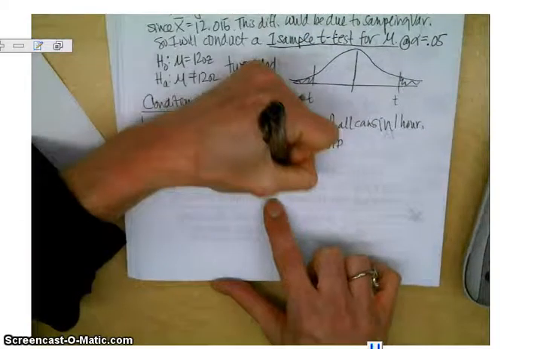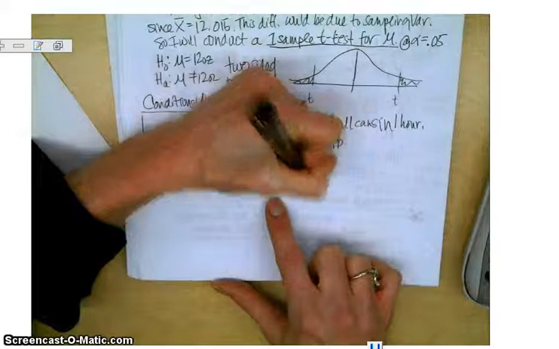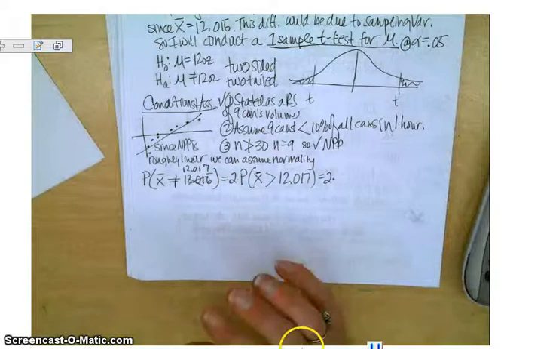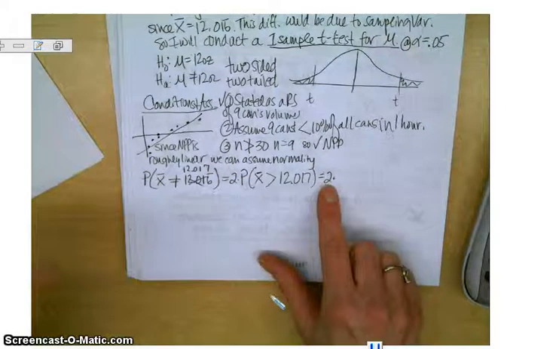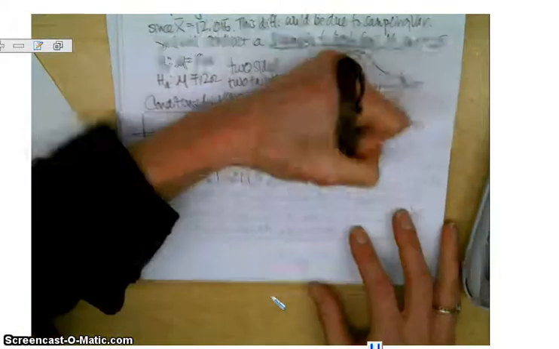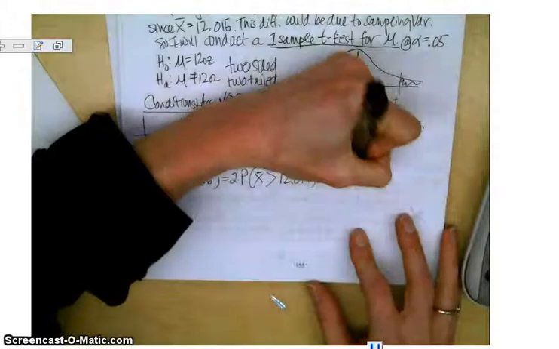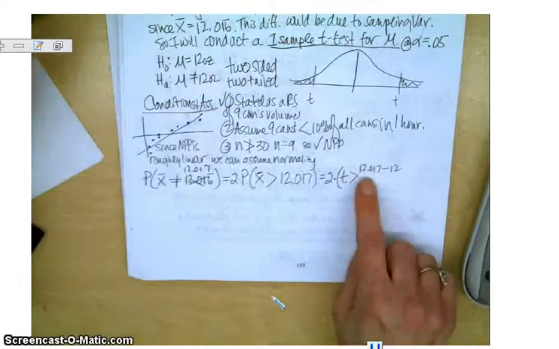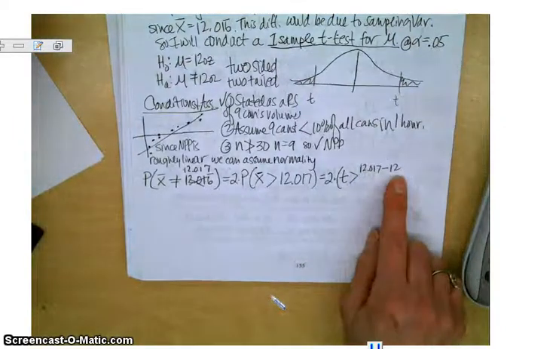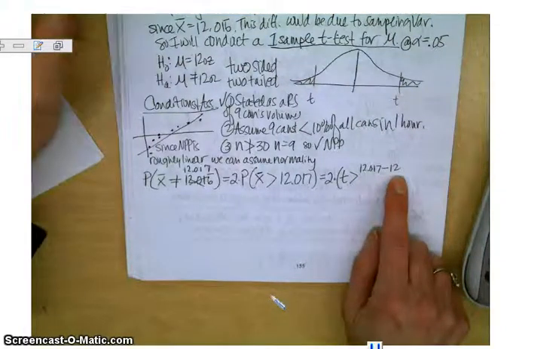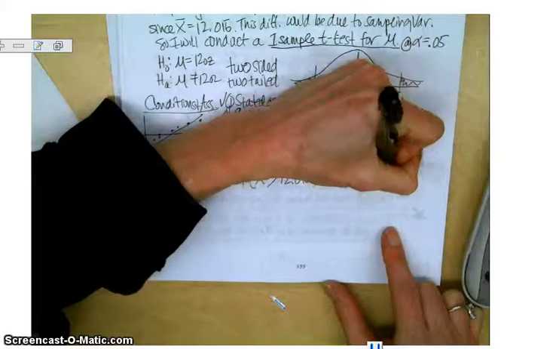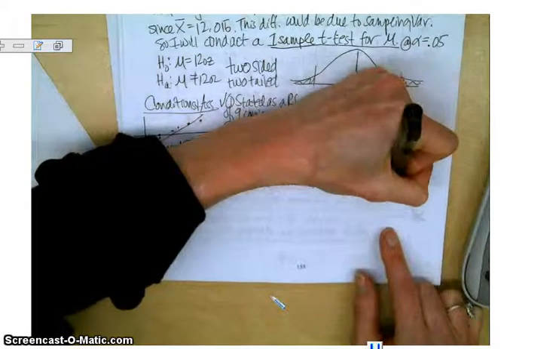So now we're going to find the t-value that goes with this. The last thing you are going to do is take the probability times 2. So this will be the probability that t is greater than 12.017 minus 12, the observed mean minus the hypothesized mean, over the standard deviation 0.391 divided by the square root of 9.